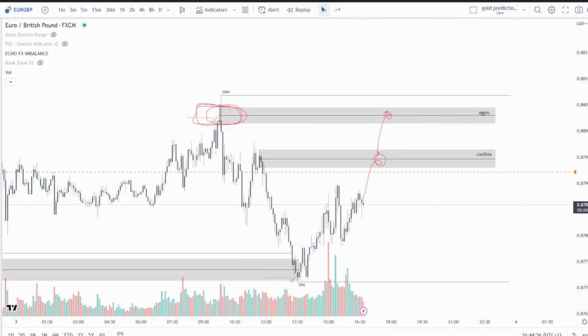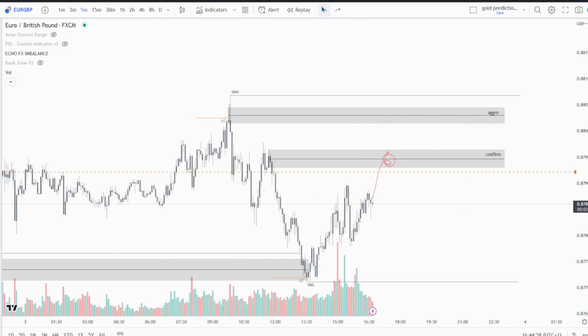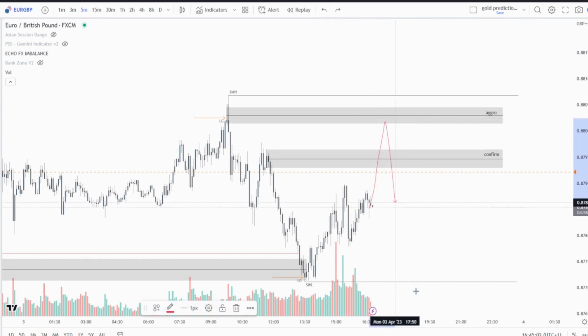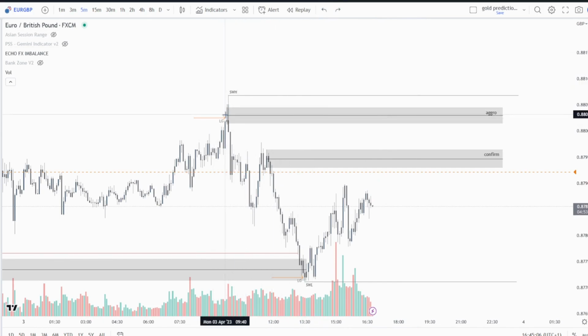Now, as we've spoken about previously, just because an area has high volume does not mean that price is just going to go straight back to it and then come away. It doesn't work like that all the time. But again, having this confluence is massive when it comes to entering some of the larger time frame and smaller time frame moves.